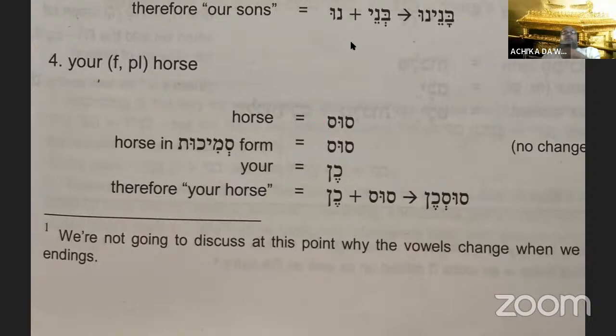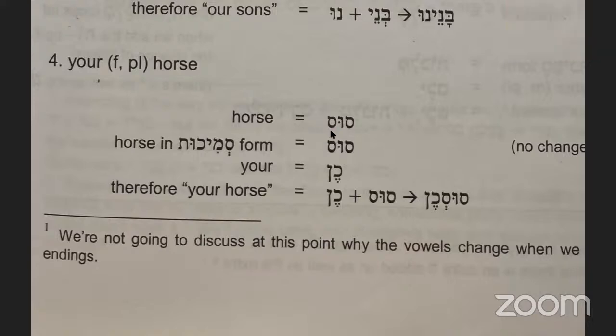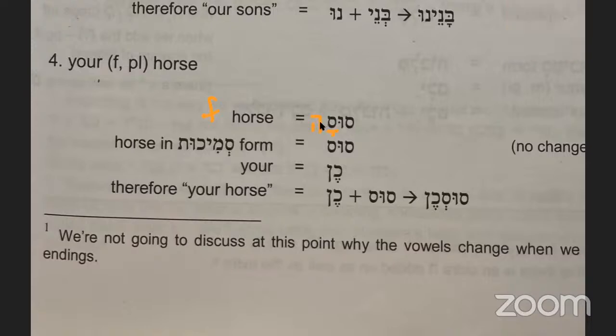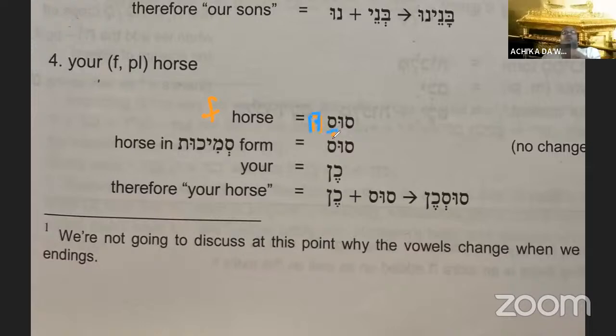Okay. If I want to make the horse female, I'll just put a dot right here and it'll be "ah." Now that makes it a female horse. We're not talking about a female horse, we're just talking about a regular horse. If I wanted to say it was her horse, what would I do? Put a dot in the middle of the hay. Thank you. So now it's her horse.